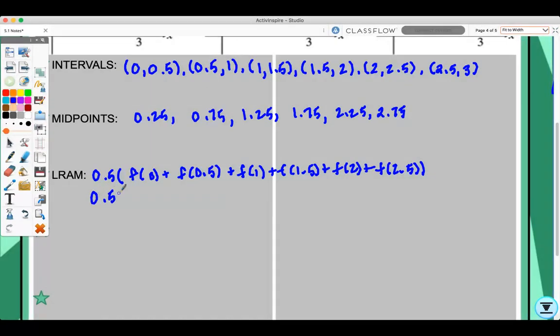This would be 0.5 times f of 0. So 0 squared is just 0. Plus f of 0.5. 0.5 squared is just 0.25. F of 1 would be 1 because 1 squared is 1. F of 1.5, or 1.5 squared, would be 2.25.